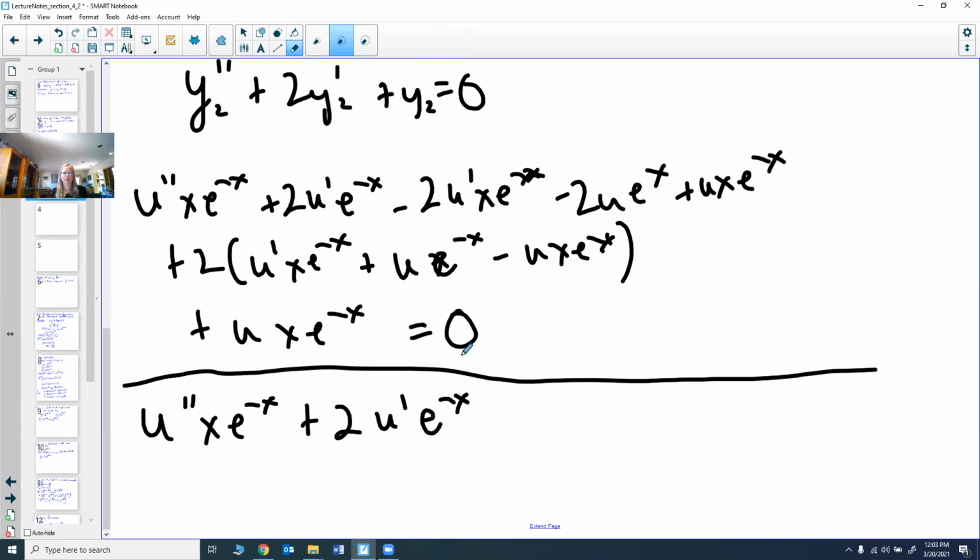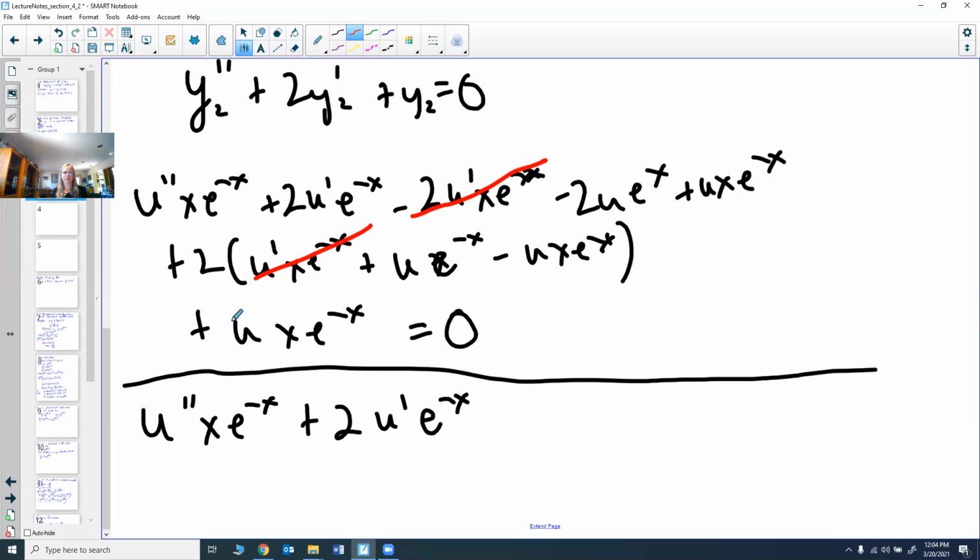So when you look at this and you collect all your like terms, I've got this u prime x e to the minus x. I have a 2u prime e to the minus x. Minus 2u prime x e to the minus x. Oh, and here we go. This is where it goes. So this minus 2u prime x e to the minus x is going to cancel this one here. We have a minus 2ux e to the minus x, and we have a ux e to the minus x.